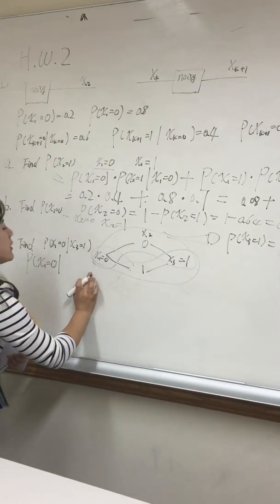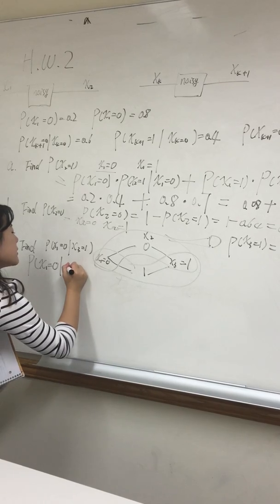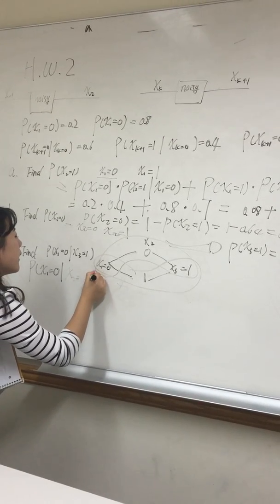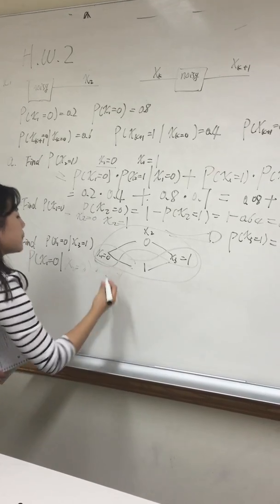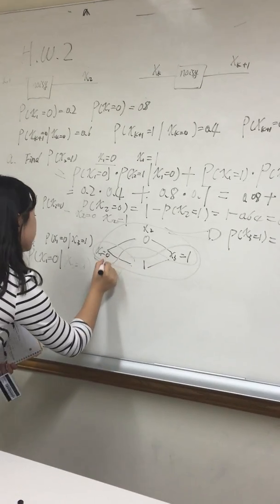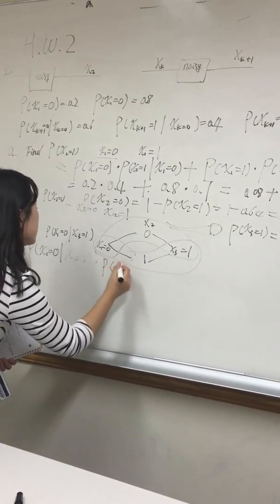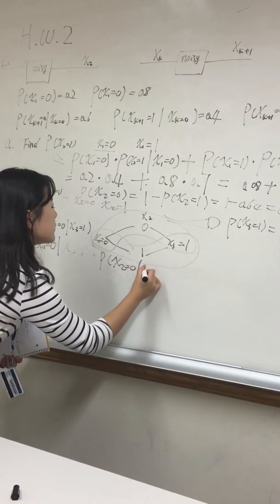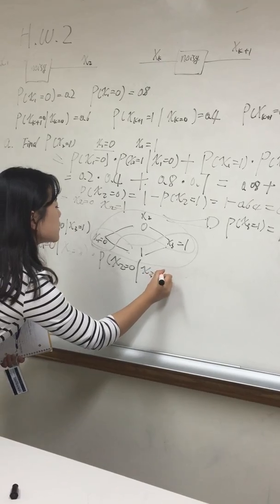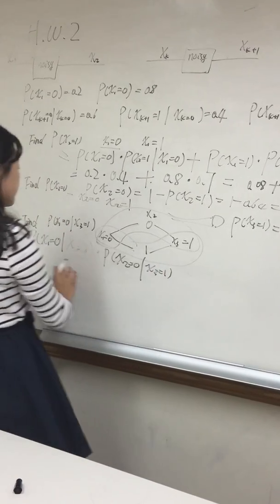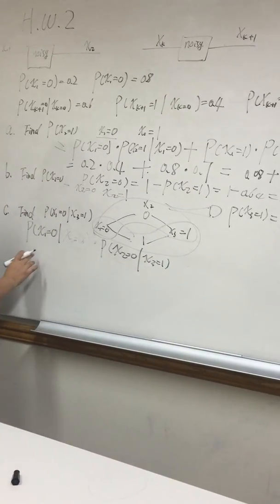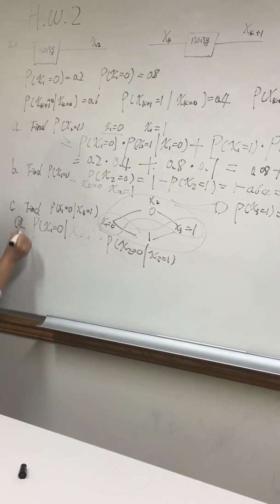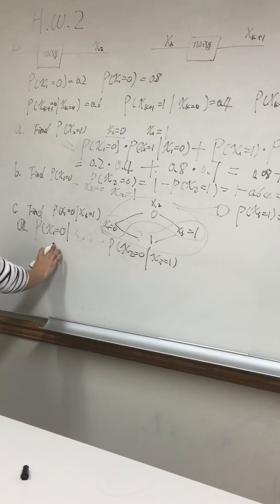So let us get the first one, x2 equals 0, times the probability that when x2 equals 0, x3 equals 1. And that's the first situation. So we have to prove this one.